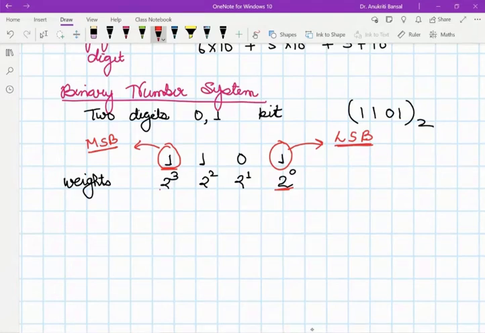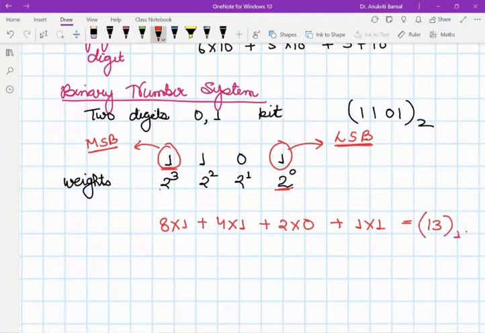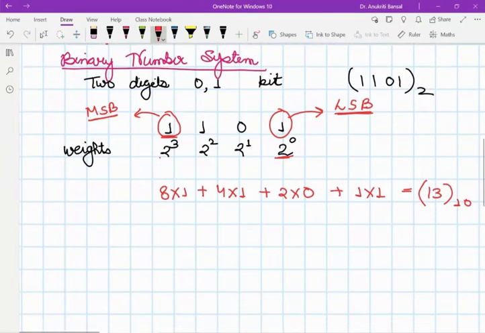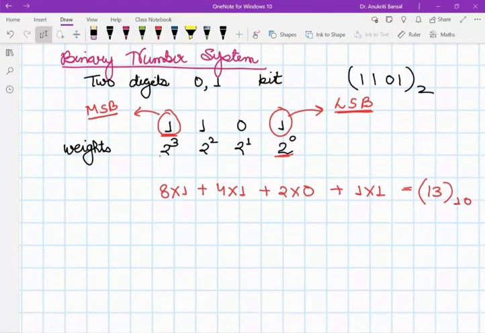So in the decimal number system, we will write it as 8 into 1 plus 4 into 1 plus 2 into 0 plus 1 into 1. Okay. And this is 13 in the decimal number system. Is this clear to everyone?